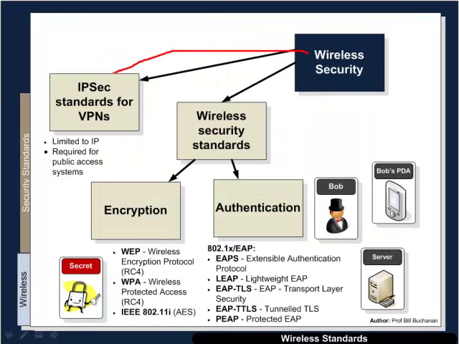Basically, for security, we can go for an out-of-the-box solution of IPsec, or more increasingly SSL type tunnels with things like WebVPN. Unfortunately, these are limited to IP networks, but they're certainly required for public access systems.